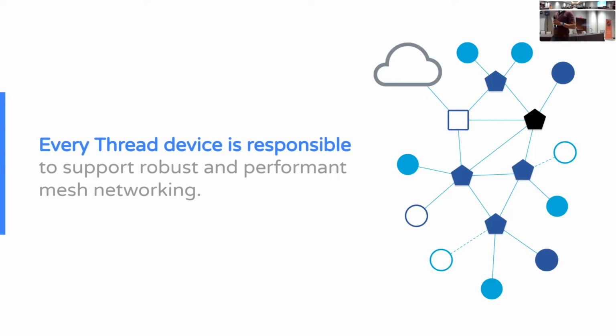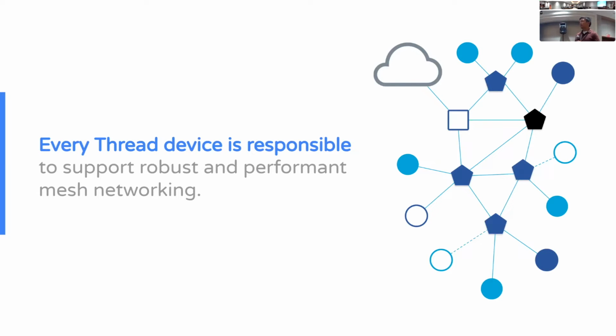One of the things that really drove Nest and Google to release OpenThread as an open source project was, number one, to accelerate the adoption of Thread in the marketplace. And as we've seen, I think OpenThread is doing a pretty good job of that, allowing organizations to take Thread and integrate it into their product in a very quick way. But also because we believe Thread is a mesh network, right?